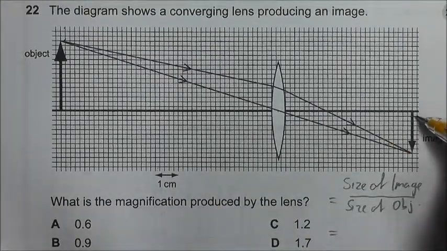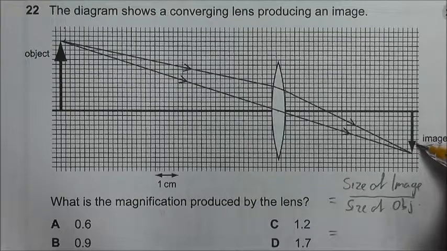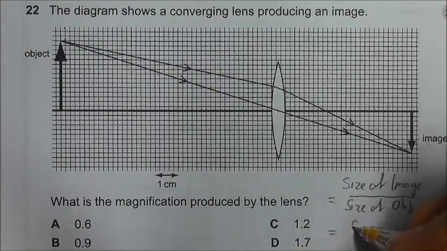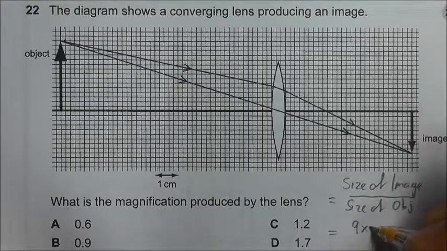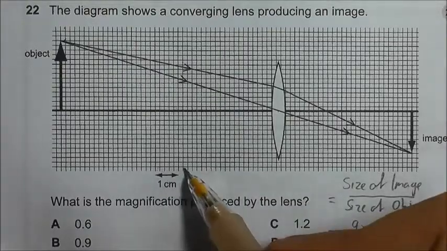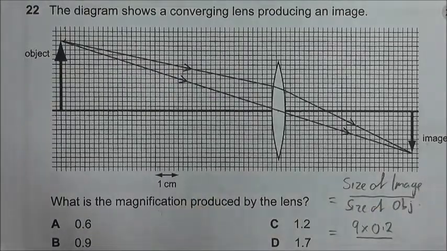Looking at this, we have 1, 2, 3, 4, 5, 6, 7, 8, 9. So the size of the image should be 9 times 0.2, because 5 squares is 1 cm, so 1 square will be 0.2 cm.